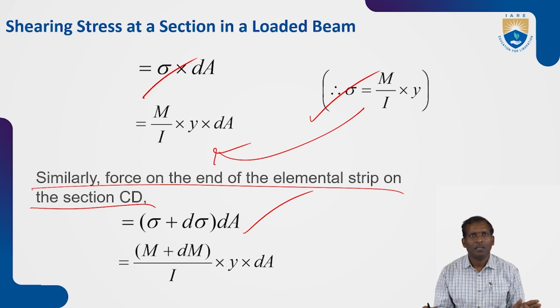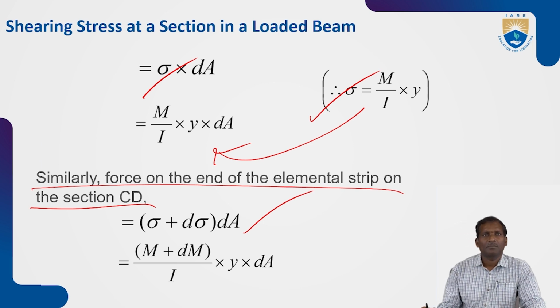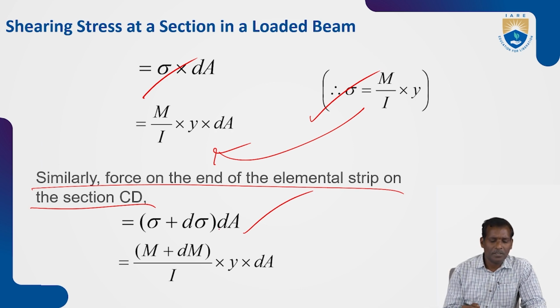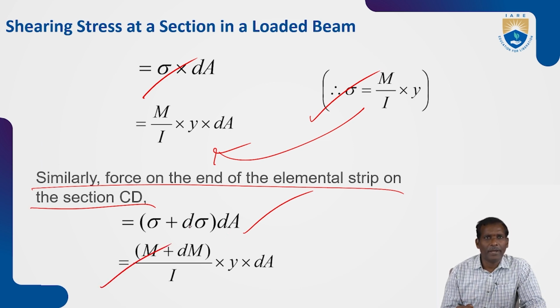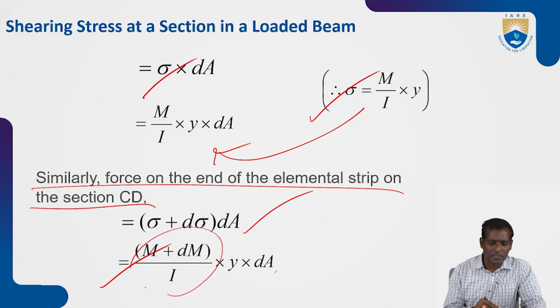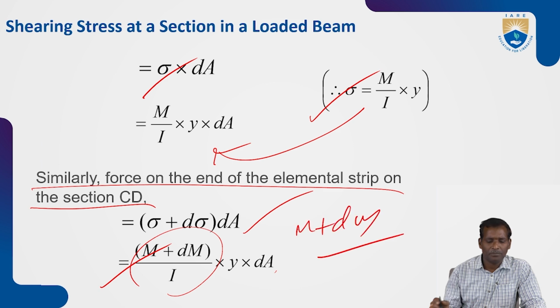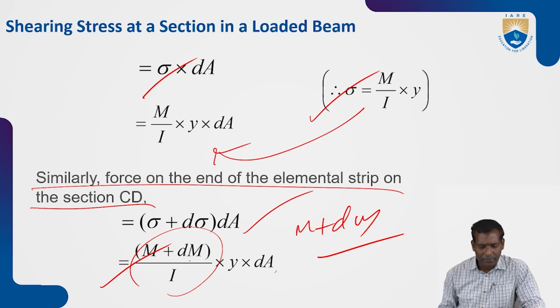Since at CD the bending moment is M plus dM, the stress is M plus dM by I into y. So the force on the end of the elemental strip on section CD can be written in terms of bending moment.